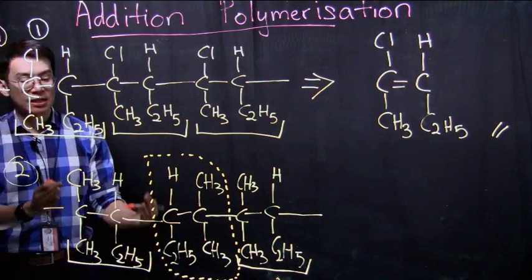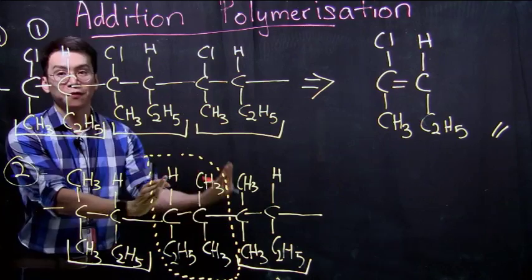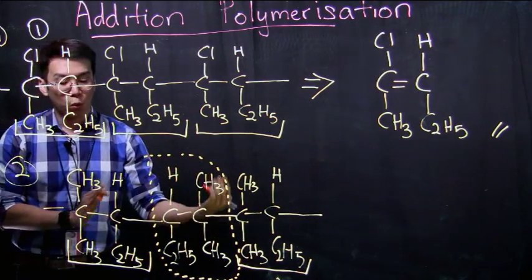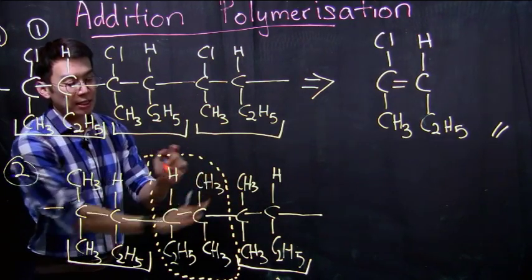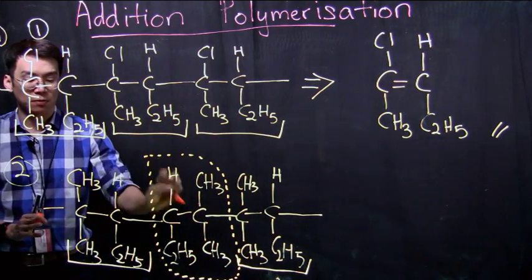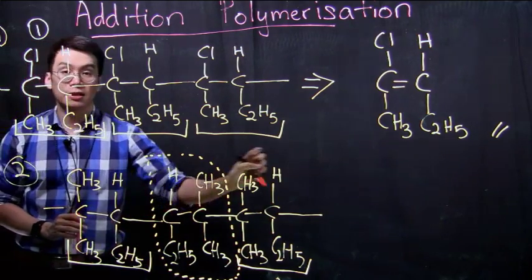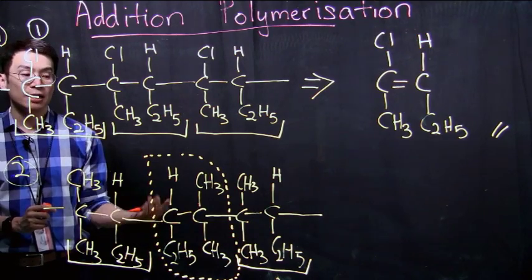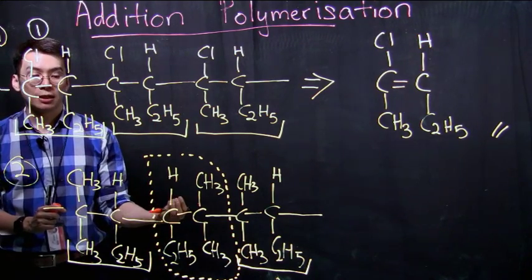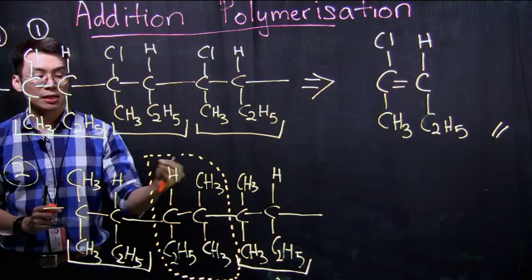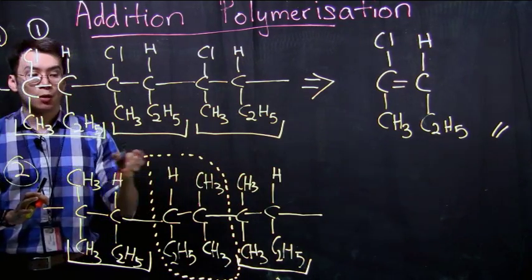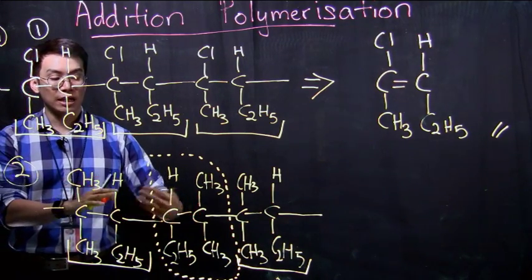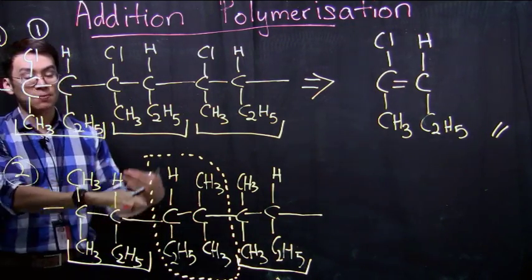The only difference is that this molecule has been flipped left, right. If this dotted molecule were to flip the other side, it will be exactly the same as this portion here and this portion here. Can you see that? Therefore, it is the same monomer that is used to make this polymer with 3 repeating structures. Just that the bond has been rotated.